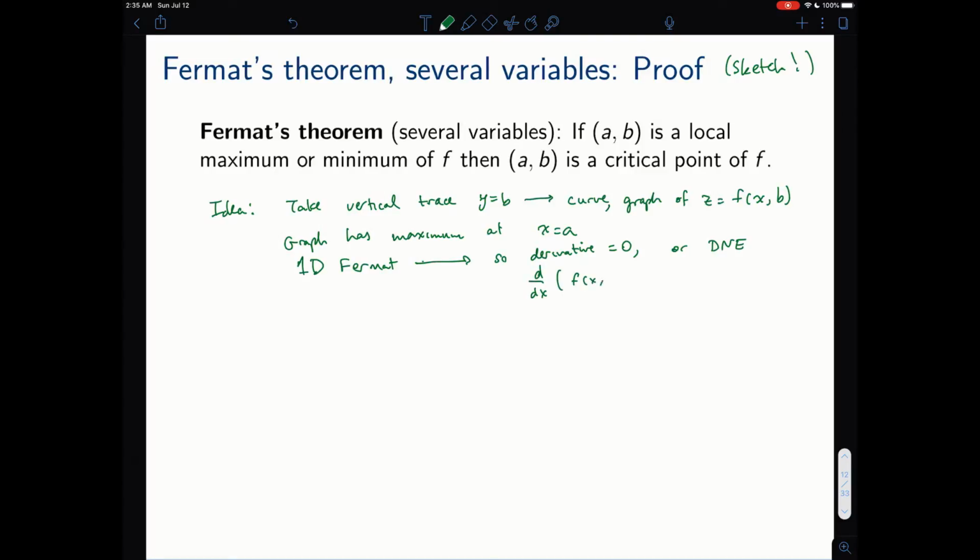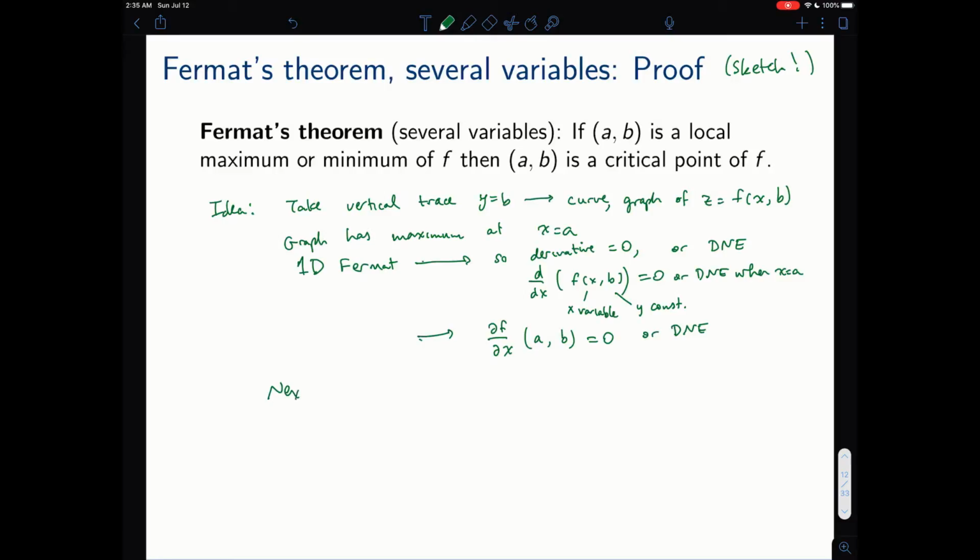The derivative of the function f of x, b is the function f where x is a variable and y is a constant. So that's just the partial derivative. It equals 0 or does not exist when x equals a. So I'm taking the partial derivative when x equals a and y equals b, and that partial derivative is 0 or does not exist.